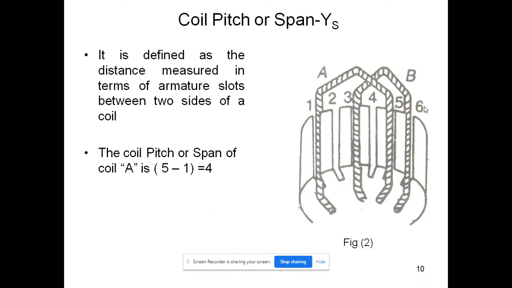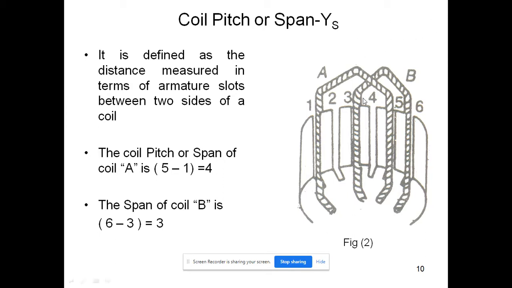Here the coil pitch or span for conductor A is 4. Observe this conductor A, it is in slot 1 and the other conductor is in slot 5. Now the span is 5 minus 1, nothing but the span is 4.